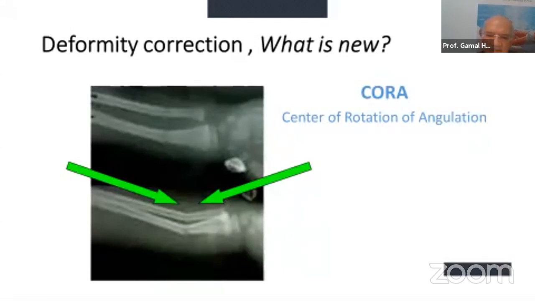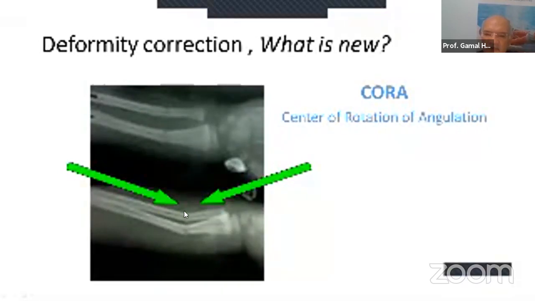But remember, a long time ago, when we were treating fractured lower fourth radius, we were doing flexion, deflection to correct the deformity. So if you see here, we consider the site of the fracture as a deformity. So this is the CORA, or the apex of the deformity.